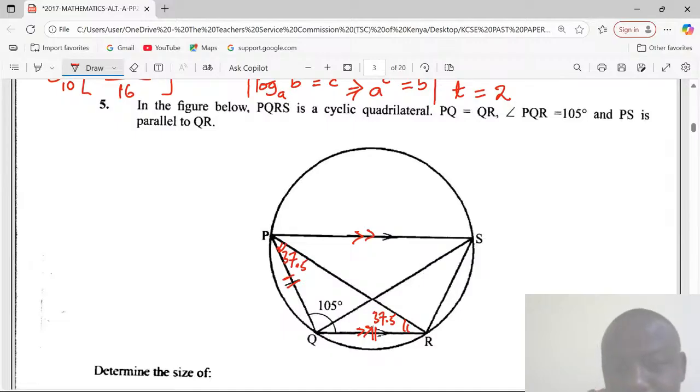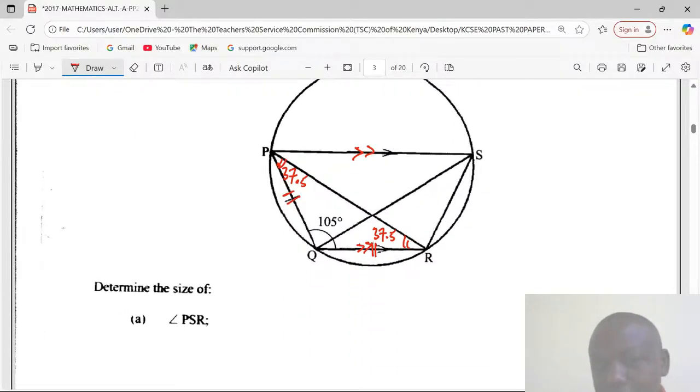Therefore, the angle at P has been subtended by the chord QR. And the same chord QR is the one subtending the angle at S, the small angle here. So it means this is also 37.5, simply because they have been subtended by the same chord.